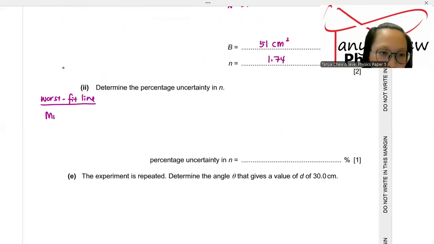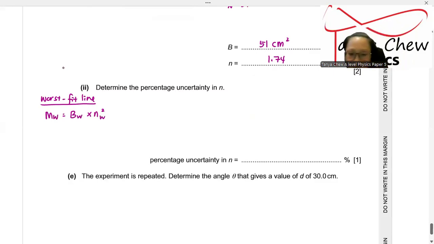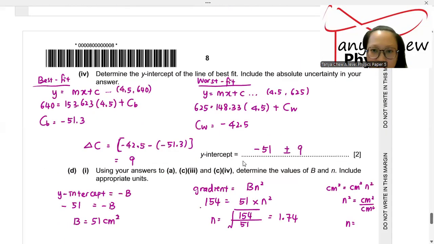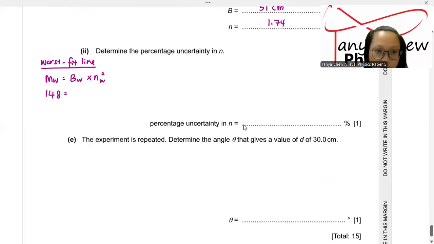I have a gradient. Okay, m worst is equal to b worst times n squared, worst, right? So m worst, I rounded off to 148, and the b worst is actually here. B worst is the worst y-intercept, 42.5.